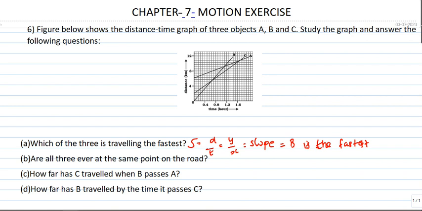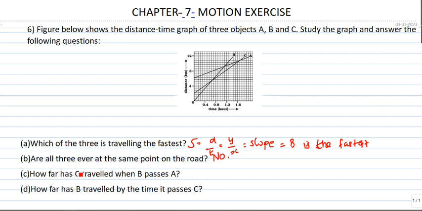Each line intersects each other line and we see 3 unique points forming a triangle. You see a triangle here. Since there are 3 unique points, the 3 lines will not be intersecting at one point in any future. Hence, A, B and C will never meet at one unique point. So they will never be at the same point on the road. So for this question, the answer is no.